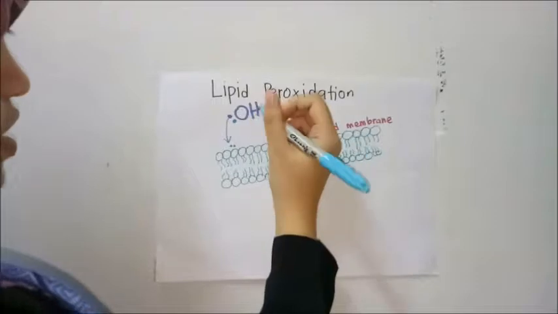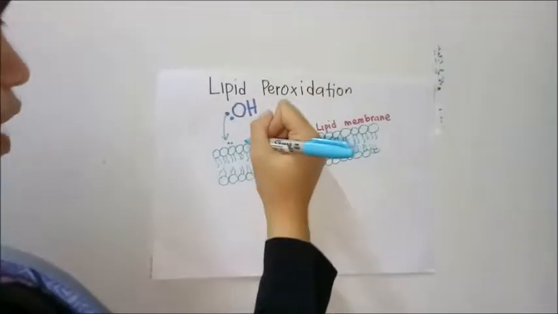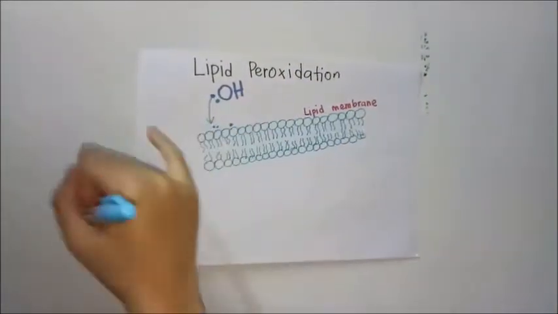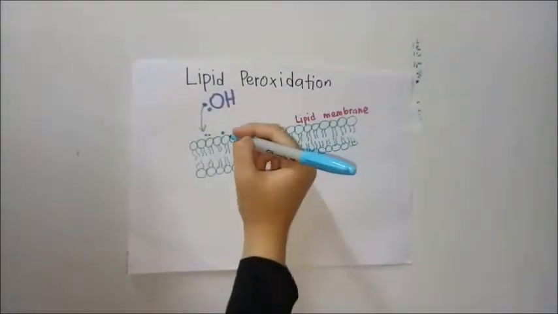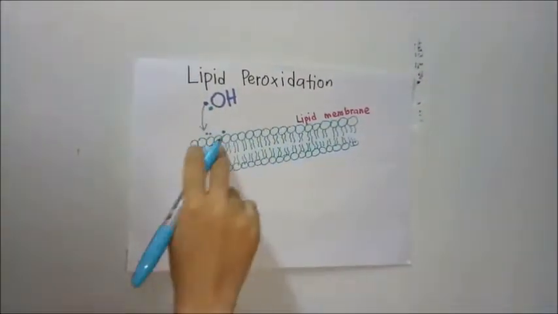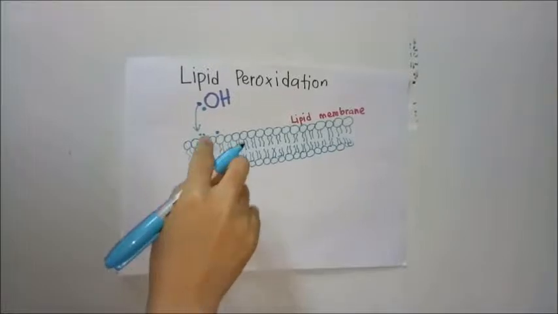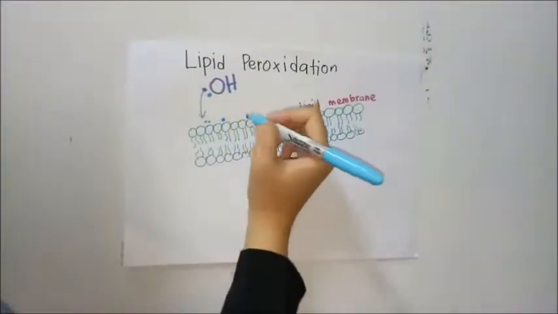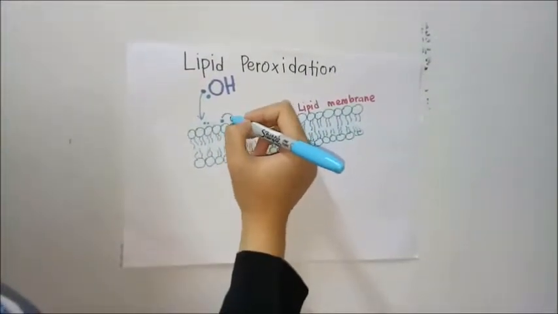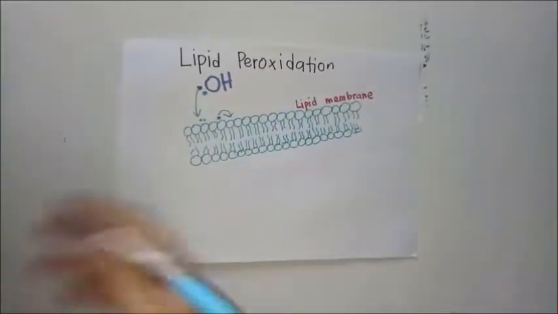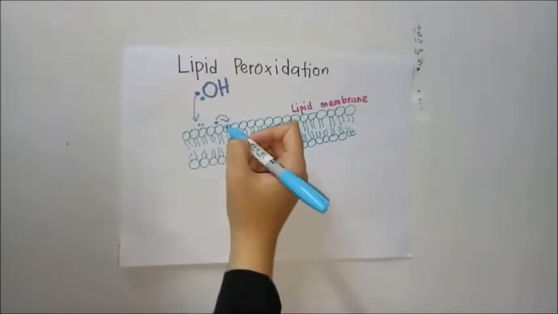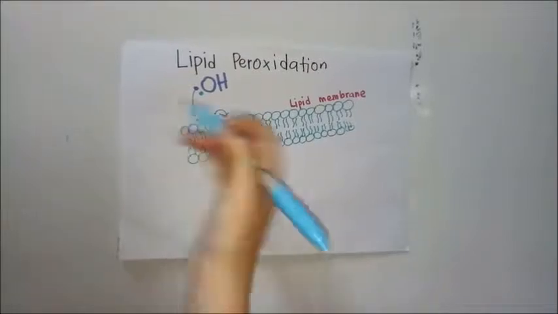This causes the lipid membrane to have an unpaired electron, which means the lipid has become a free radical, and it will attack the next membrane to take the electron from the neighboring membrane.